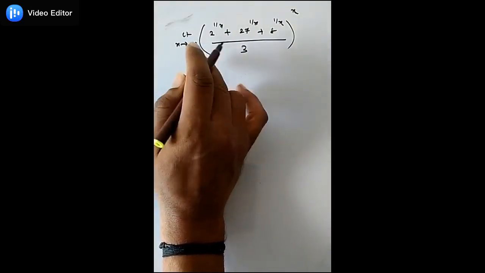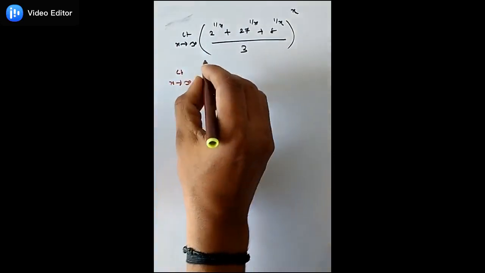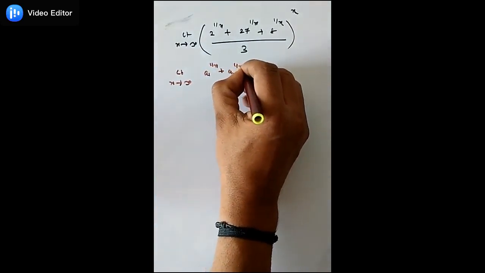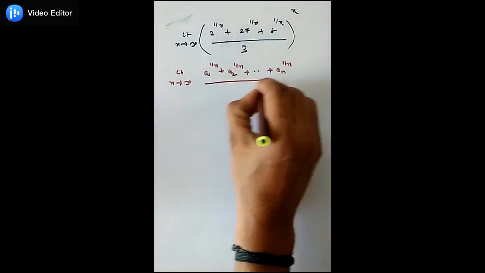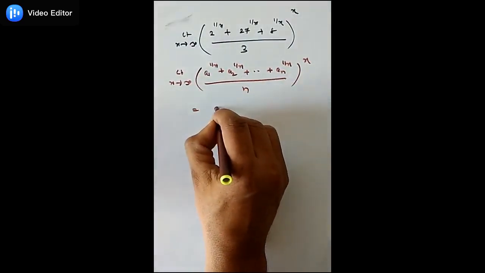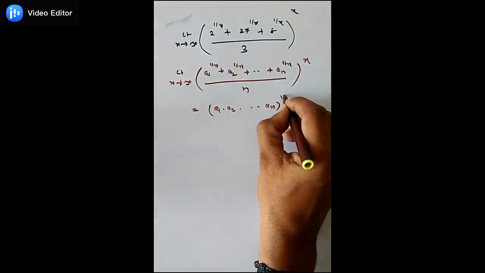Now just compare this problem with the synopsis: the limit as x tends to infinity of (a1^(1/x) + a2^(1/x) + and so on + an^(1/x)) / n, whole to the power x, is equal to (a1 · a2 · and so on · an) to the power 1/n.